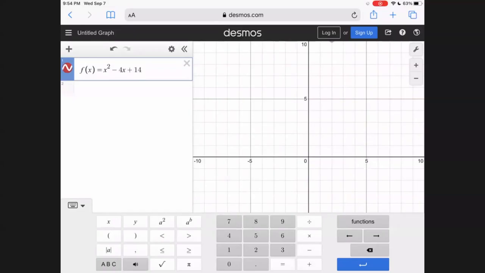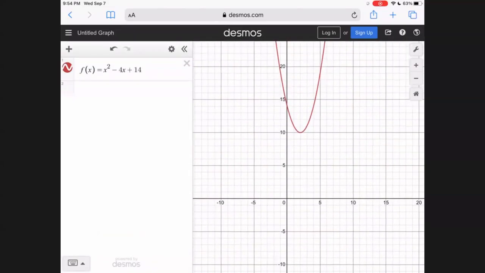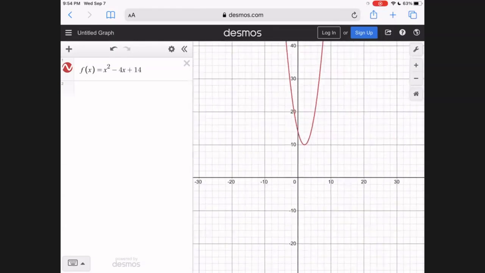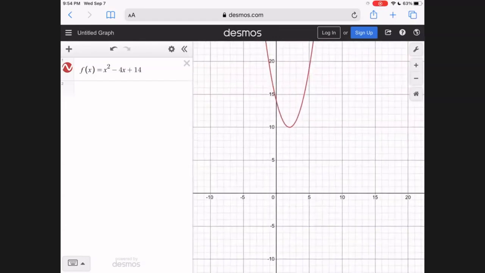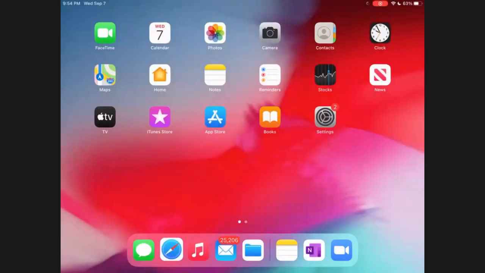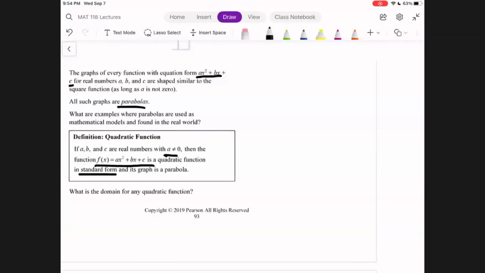We see where's the quadratic, so we need to zoom out a bit, but we see it's up here, right there. Okay, remember you can zoom in and zoom out with these plus and minuses. And if you're on an iPad, you can use your fingers to zoom in and out. And if you have a mouse, you can drag and position it how you would like. Oh, no, not this. Okay, so back to the notes here.